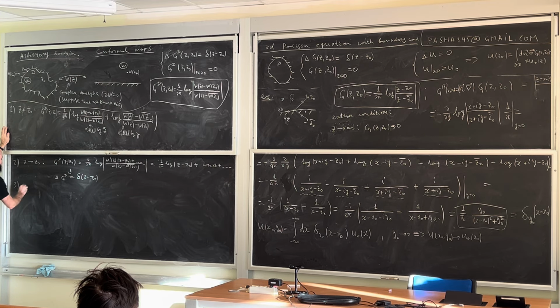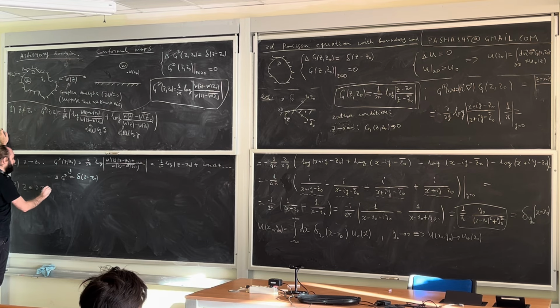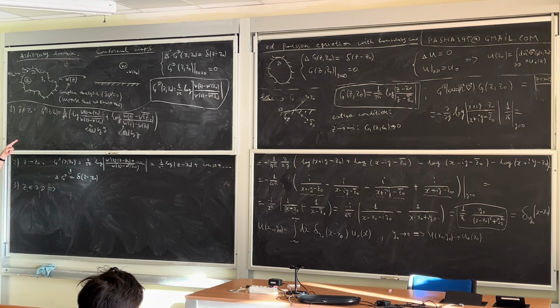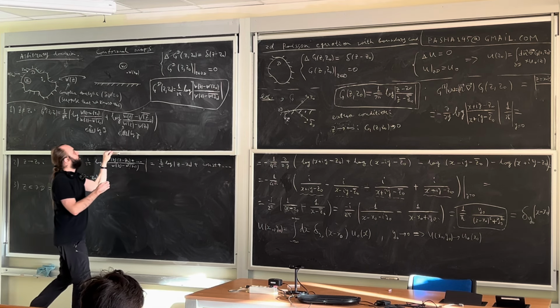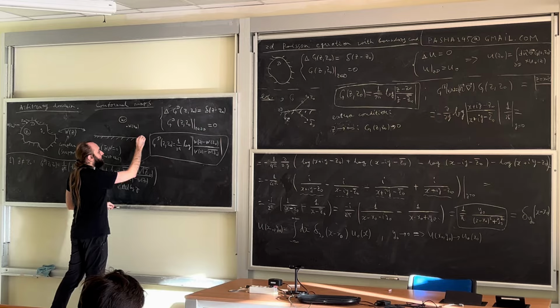If Z lies on the boundary, then the imaginary part of W of Z is 0 because it is mapped to the upper half plane. This is the real line.